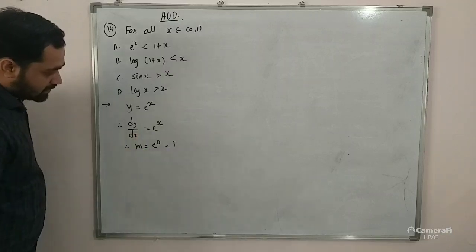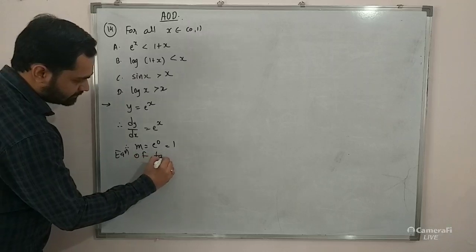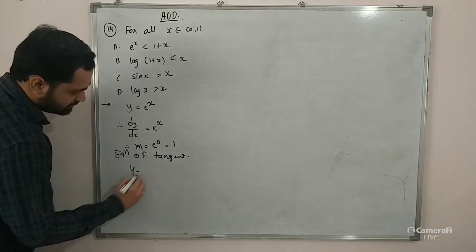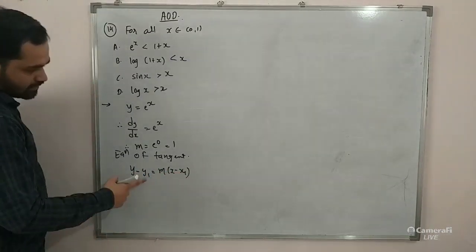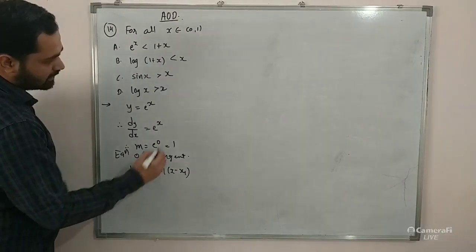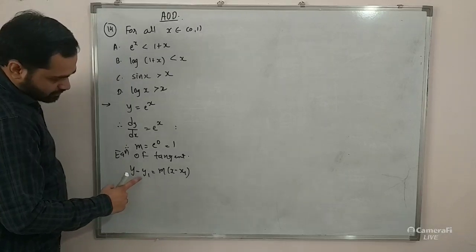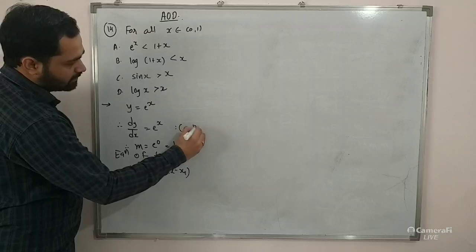अगर मुझे यहाँ पे इक्वेशन ऑफ टेंजेंट फाइंड करना हो तो इक्वेशन ऑफ टेंजेंट क्या हो जाएगा? इक्वेशन ऑफ टेंजेंट इज y minus y1 equal to m into x minus x1. So what is the value of y1 and x1? y1 and x1 are the point at which we are going to draw the tangent. So the point is, substituting x is equals to 0, we will get 1.